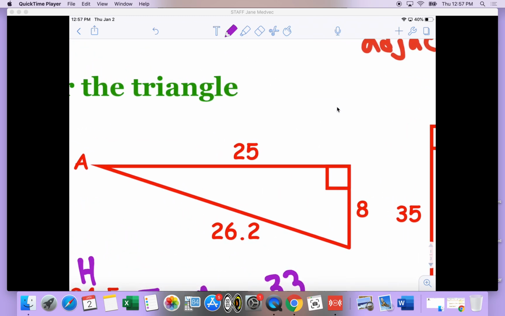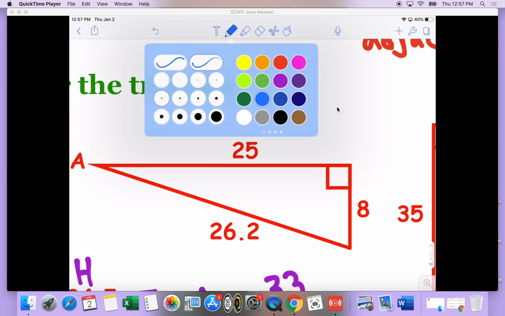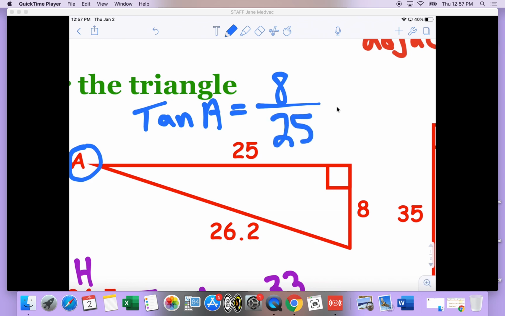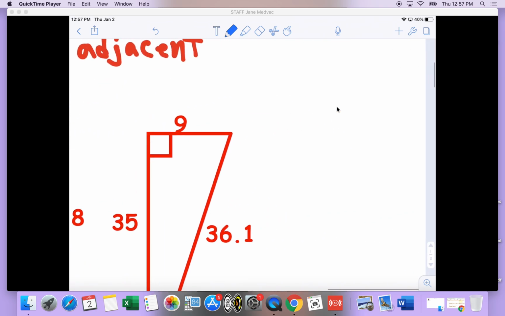Okay, let's go to this next one. I got angle A. Again, tangent A. What do we pick up for the opposite? 8. What do we pick up for the adjacent? 25. Questions on this? Okay, let's go to the next one.